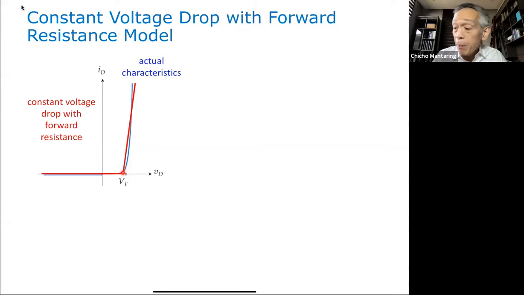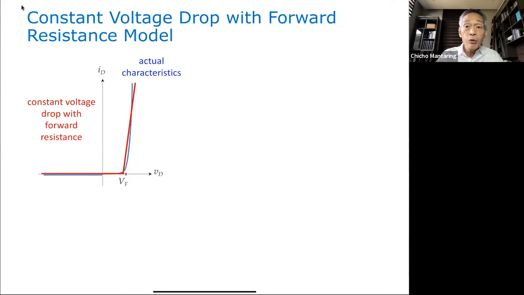However, that voltage drop slightly increases as your current increases. So this line has a slight slope. And notice now that the red curve more closely approximates the blue curve.